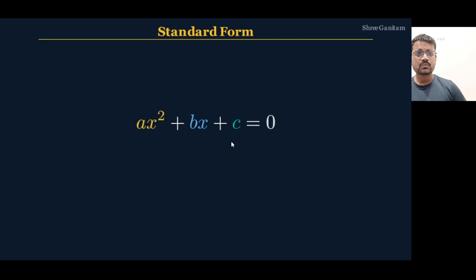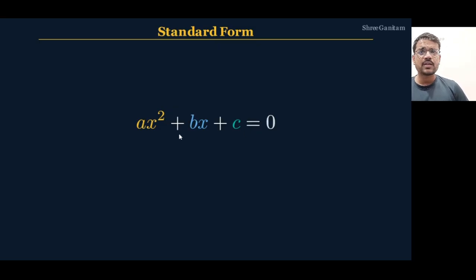Here, a is the coefficient of x squared, b is the coefficient of x, and c is the constant term. And remember, any quadratic equation can be written in this form.